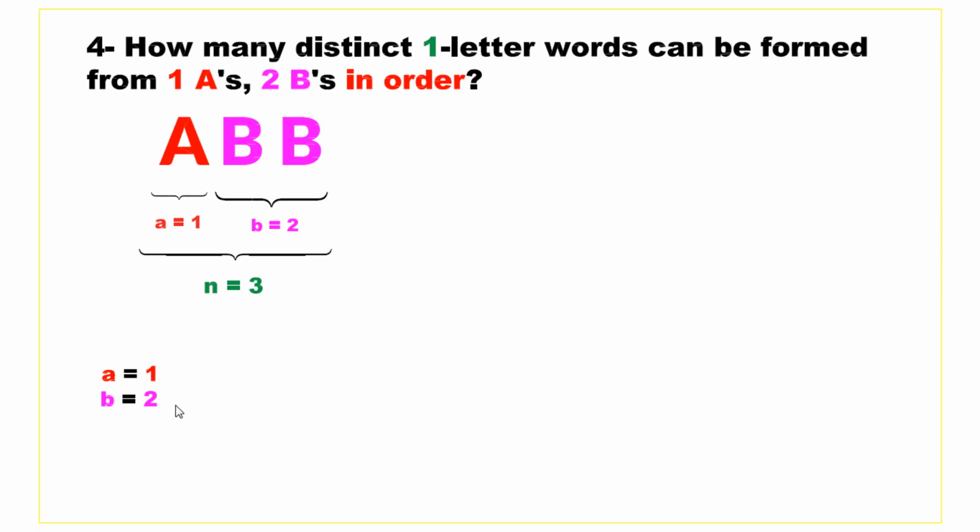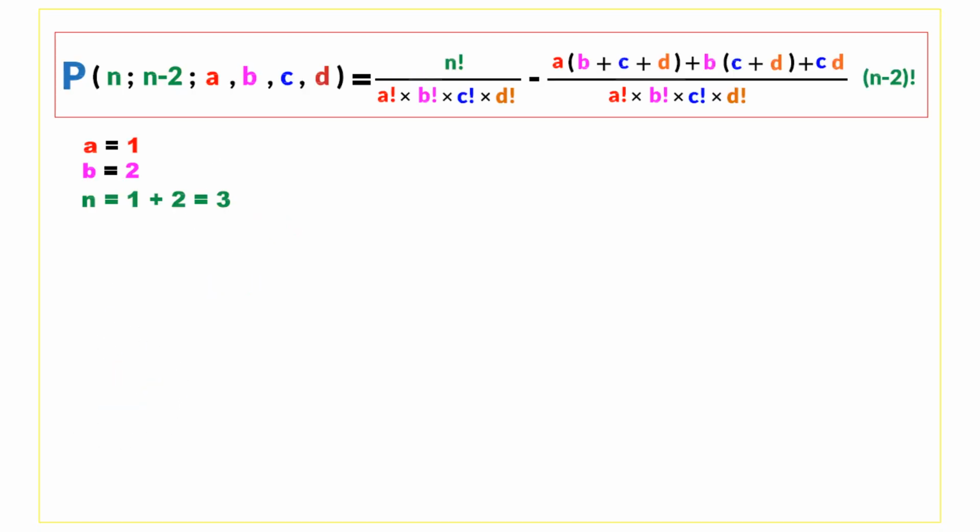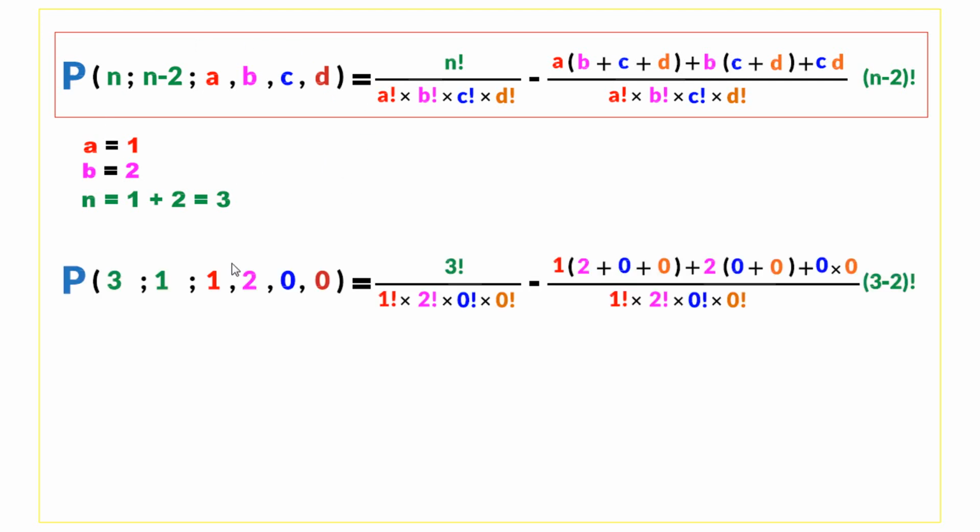So these are the variables, and now we have to replace them in this mother formula here. So we have permutation of 3 letters taken 3 minus 2 at a time, which is 1, without replacement for these identical items. We don't have C and D, so we replace them with 0, and we get 3 minus 1, and that is equal to 2.